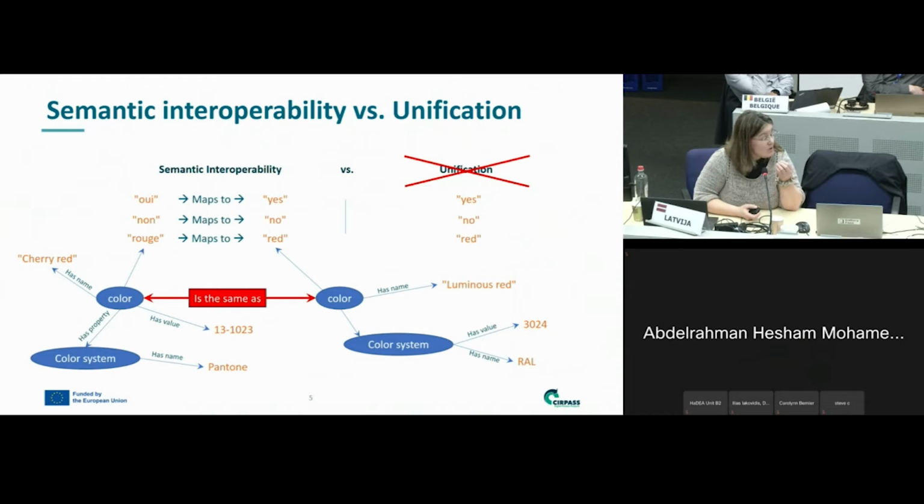But I can also define the same color as luminous red in another color system, the RAL color system, but here it has a value of 3024. Because I use these concepts of semantic interoperability, I can reason and say that those are the same colors or practically the same.